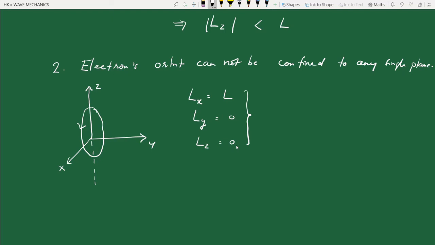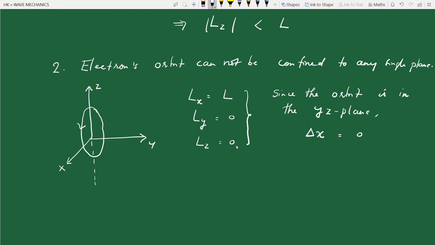What is the problem with this? The problem is that now, since the orbit is in the yz plane, what is delta x? What is the uncertainty in the x component of position? It is 0, because the electron is completely revolving in the yz plane, so there is no x component of position.